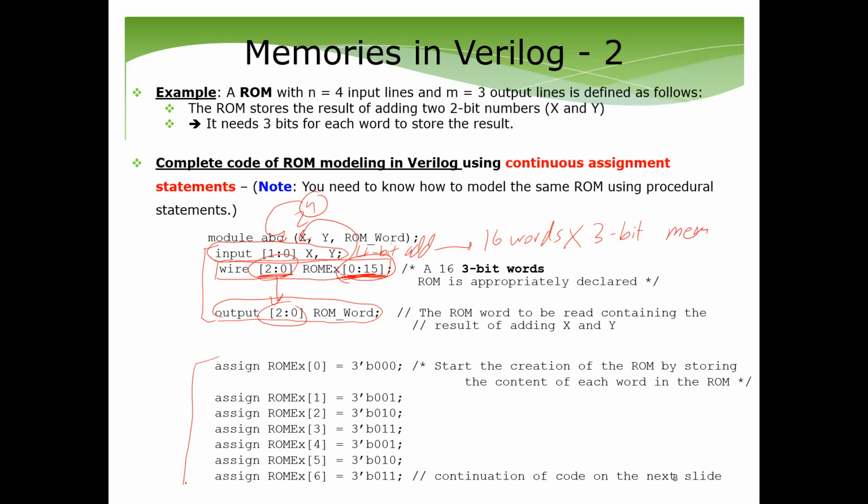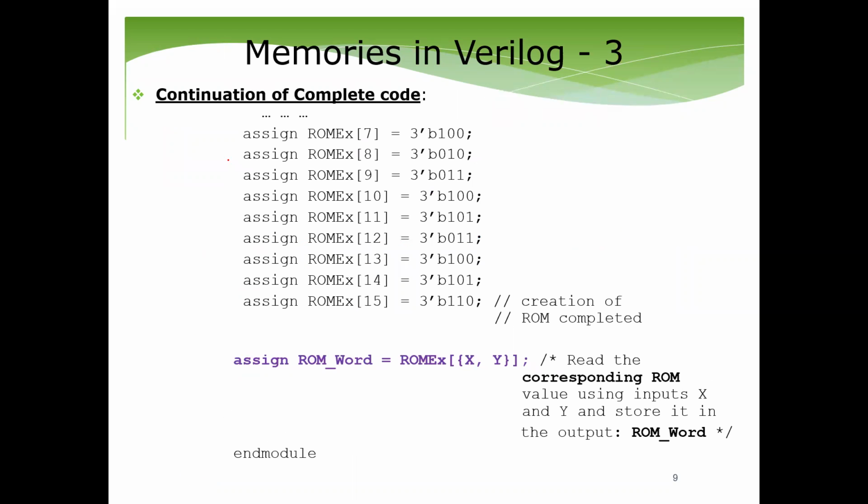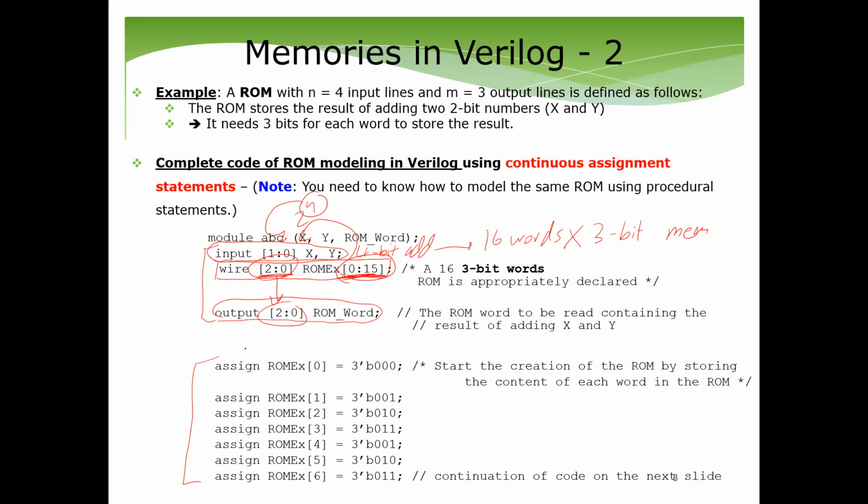Second part is to fill the memory locations with the data that you need, depending on your function, of course. So since this is a 16-word memory, we're going to have 16 assign statements, one for each address. And what you'll be storing is 3-bit. This 3-bit has to match your output.